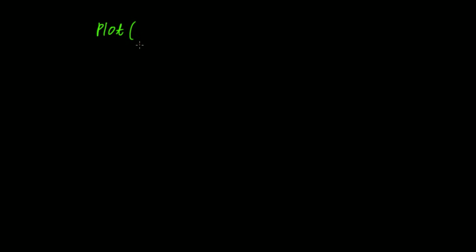There are a number of different ways you can call almost all the functions in MATLAB. But for this plot command, basically what we are going to pass in is a vector that contains the x points that we want to plot, and then, separated by a comma, another vector that contains all the y points that we want to plot.